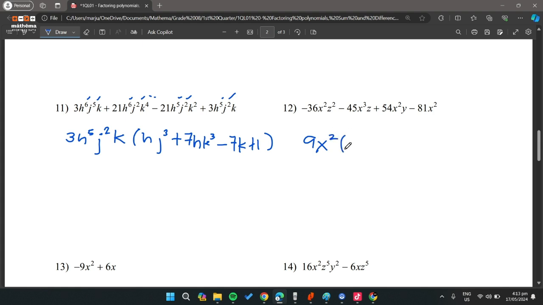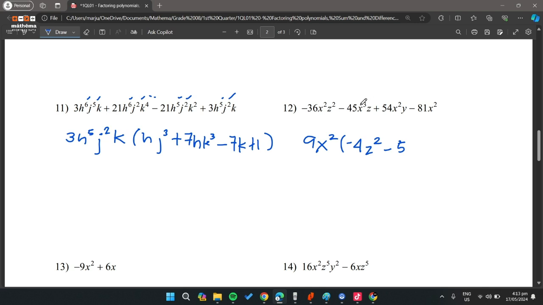And then we factor out things. What is negative 36? X squared, z squared. That should give us negative 6 and negative 4. And then x will be cancelled out. What will remain is z squared. And then minus 45 divided by 9, that's 5.